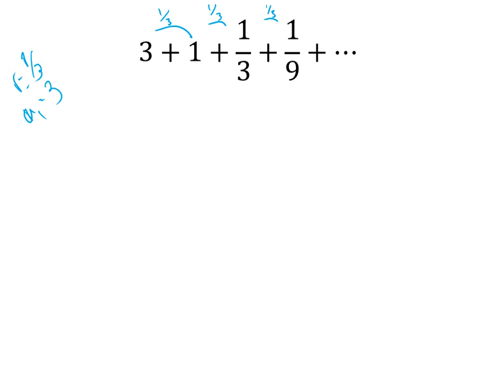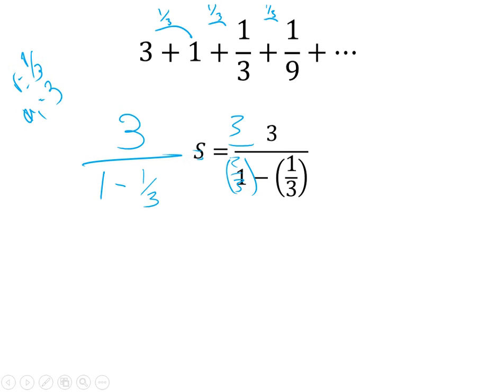Okay. So now we plug it into our formula. It'd be 3 over 1 plus, nope, not plus, 1 minus 1/3, which gets us 3 over 2/3. And then we solve that, and we end up getting our answer of about 4.5.